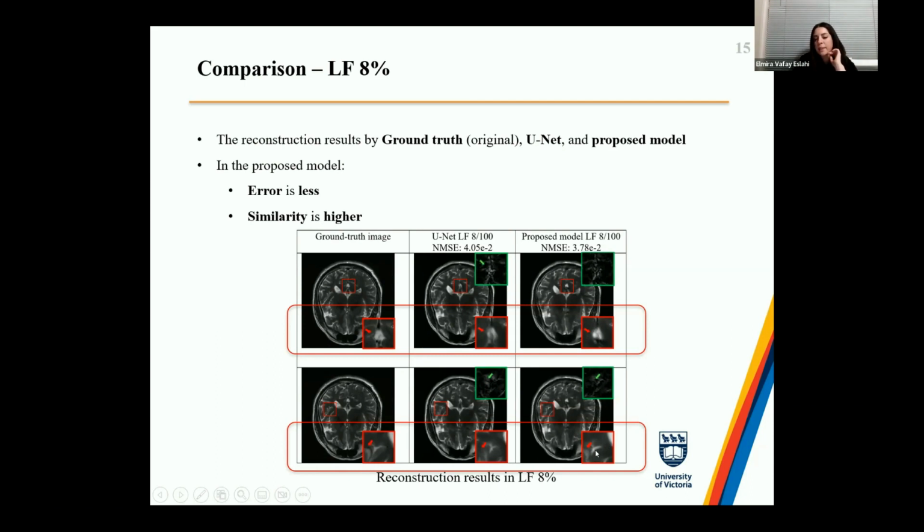And you can see that the features are closer than in the U-Net model. And also, if you look at the errors, you can realize that the error of the proposed model is less than the error in U-Net, the same in this picture. And if you take a look at the image in detail, you can find so many of these things that you can easily understand the proposed model is performing better.